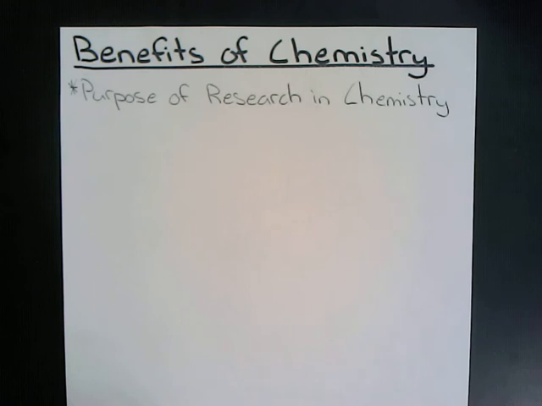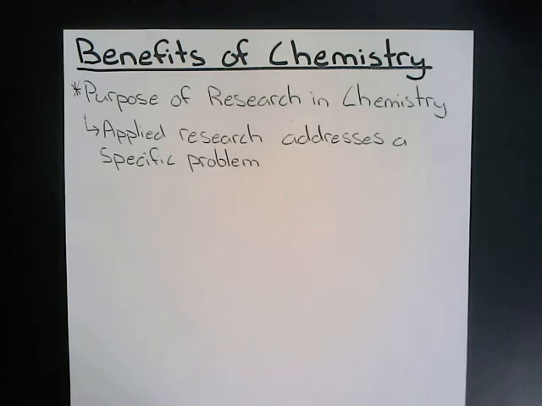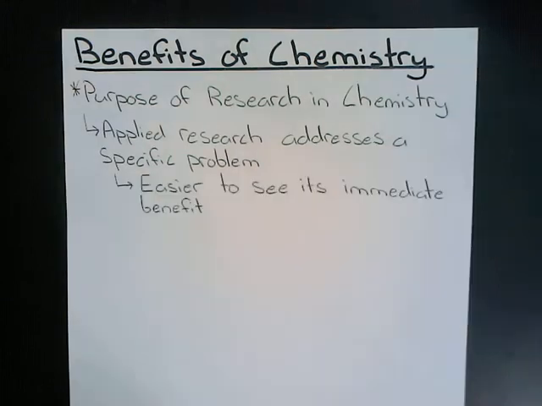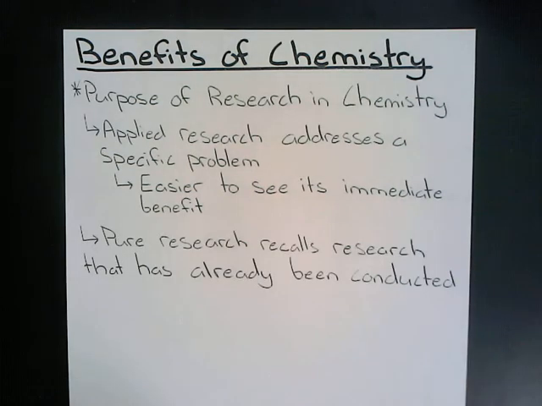Applied research addresses a specific problem. Because of this, it is easier to see the immediate benefits of applied research. Pure research recalls research that has already been conducted, and pure research is going to help solve sudden, unexpected events that occur in the world.